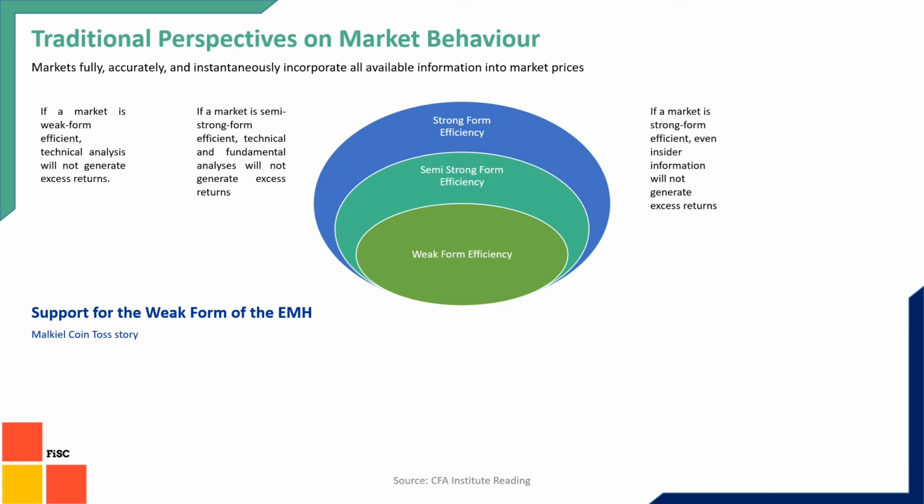What he did was he selected 50 students, provided them coins, and made charts from their coin tosses. If heads came, he moved the price 50 cents up. If it was tails, the price went down by 50 cents, and this went on.